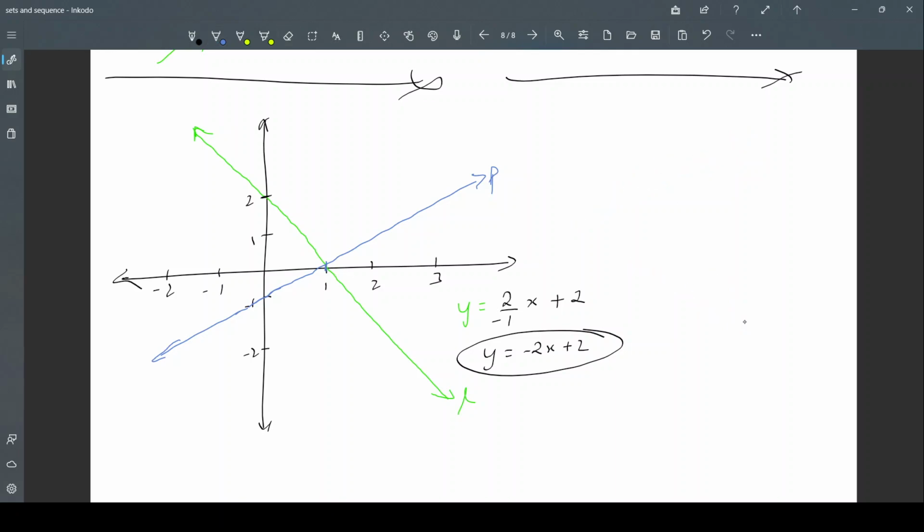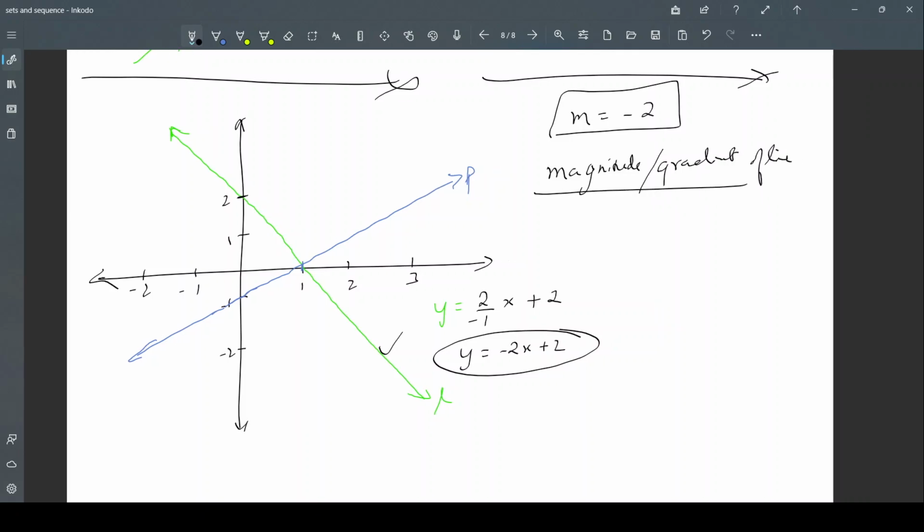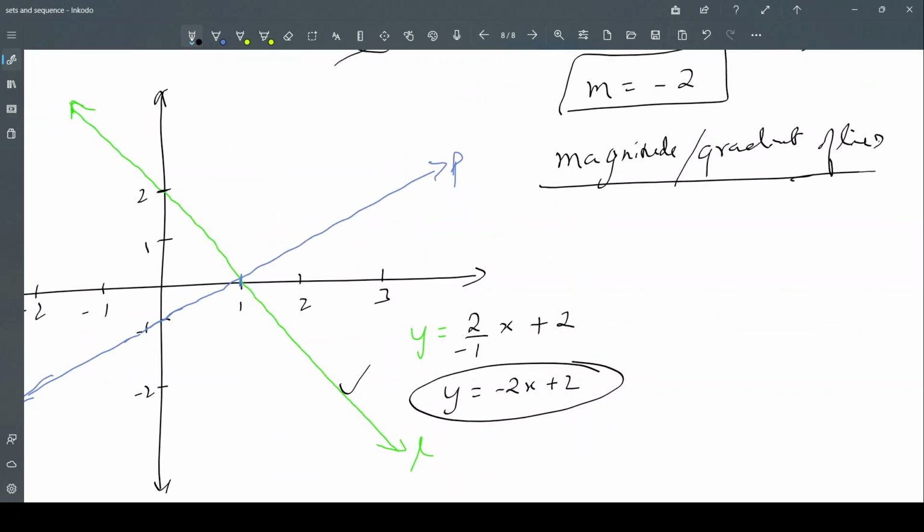Let's find it out. So you know that the magnitude of line L is equal to minus 2, correct? To find out the magnitude or gradient of line P, this is our target.